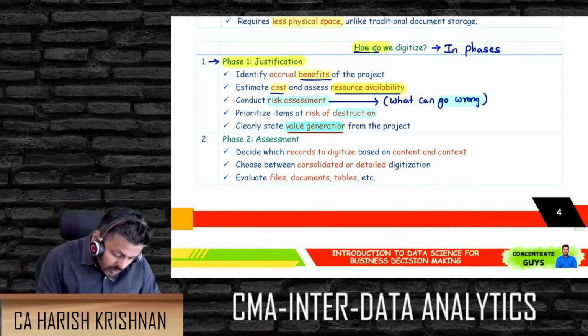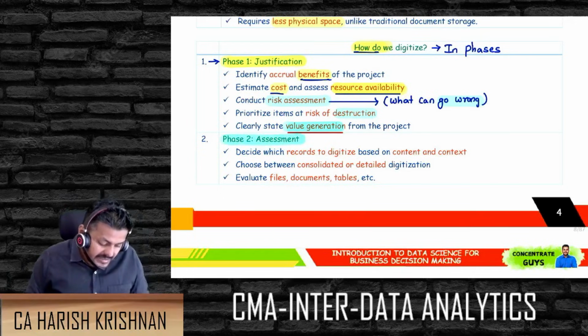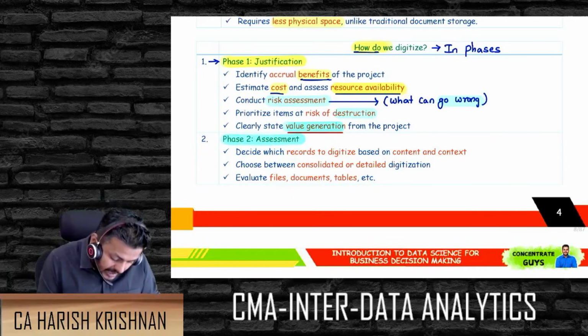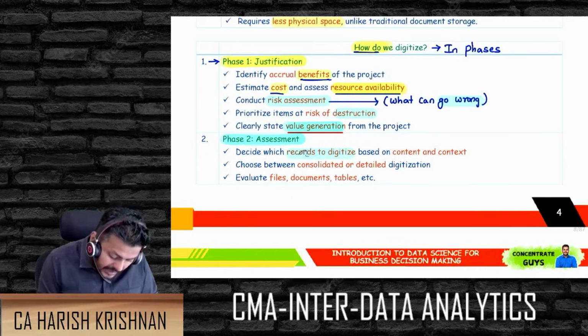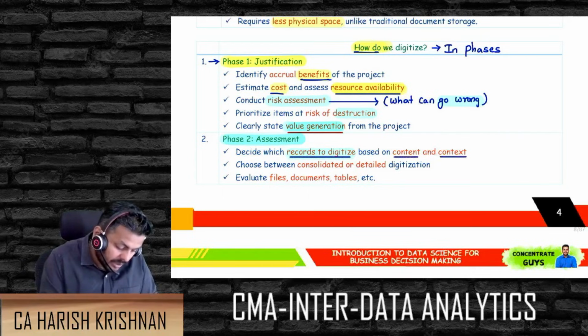Phase number 2, assessment. Decide which records to digitize based on the content and the context. Two things that you are bothered about are what? Content and context.